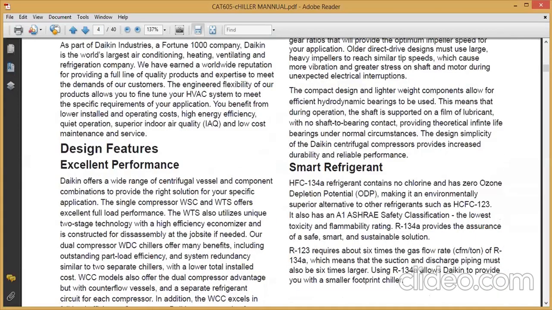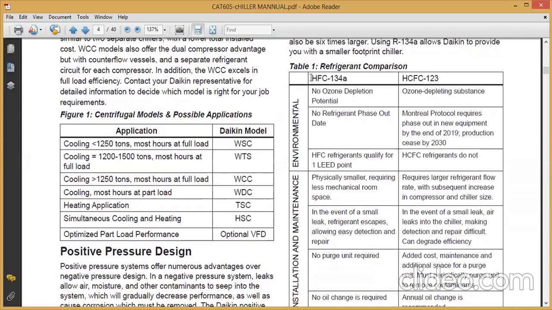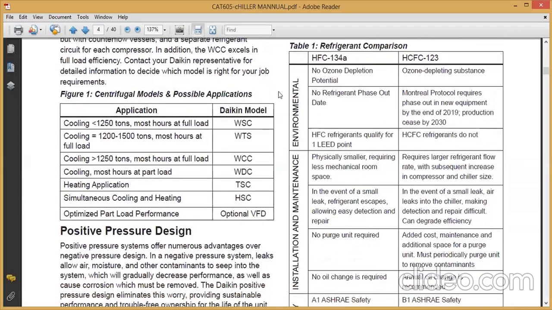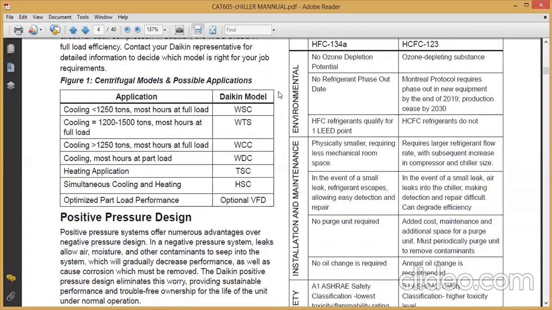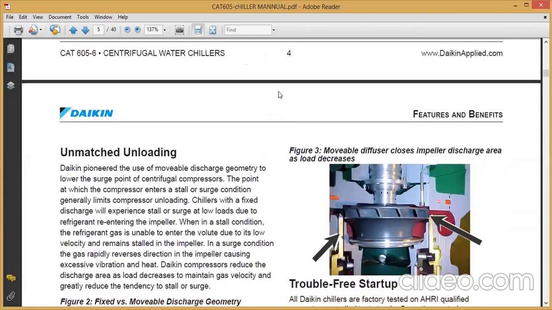What I have to highlight is the refrigerant. They have compared the two, HFC-134a and HCFC-123. We all know the difference between 134a and hydrochlorofluorocarbons: R134a is environment friendly, and there are certain other mechanical advantages also.